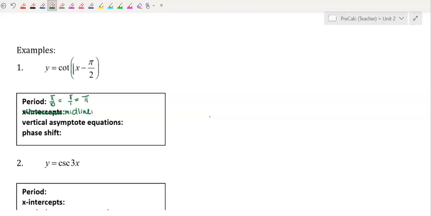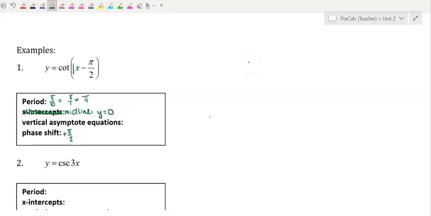And in this case, that's always going to be y equals d, and we don't have a d value here, so it's just y equals 0. So it's our x-axis. The vertical asymptote equations, we're going to hold off on doing those just yet. Phase shift. So I have a negative pi over 2 inside here, so that means that my phase shift is positive pi over 2. So I'm shifting to the right pi over 2.